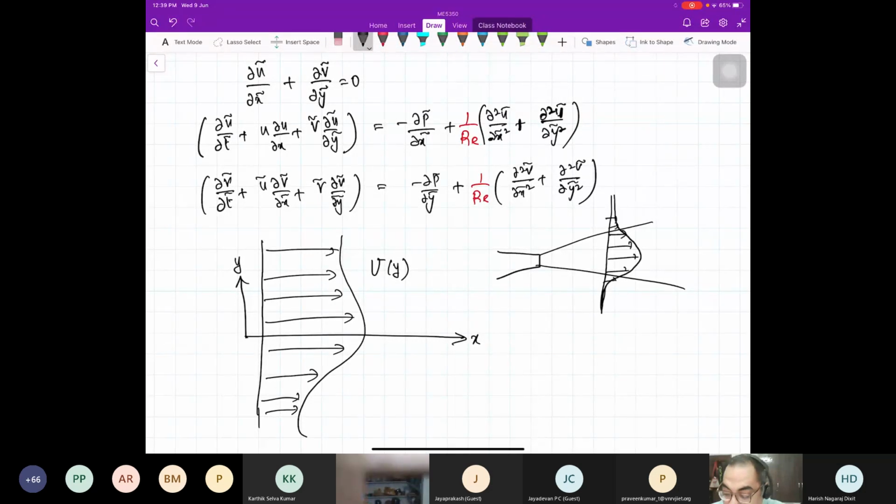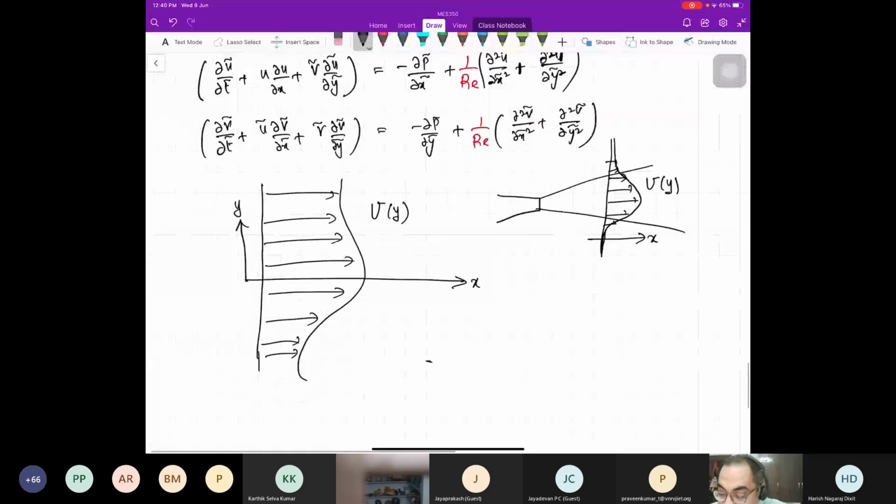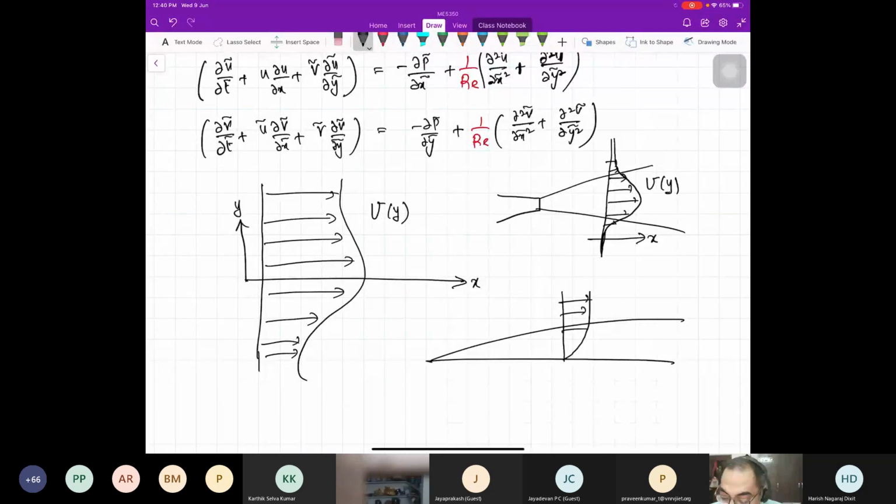Same features. This is u as a function of y, but it is flowing in the x direction. If it's a boundary layer, flow over a flat plate, this is again u as a function of y, flowing in the x direction.